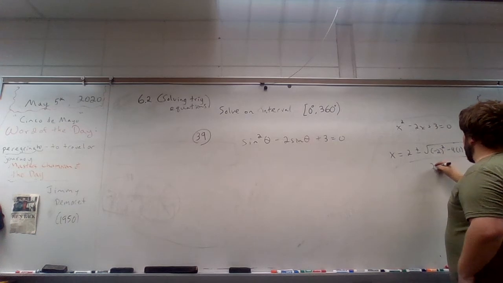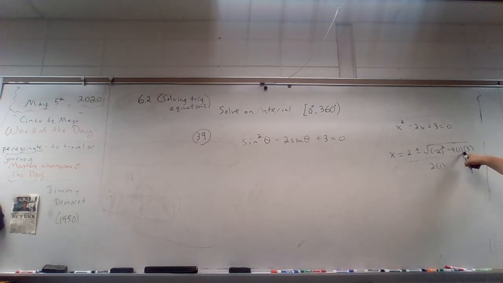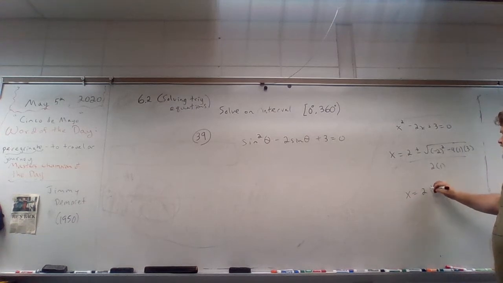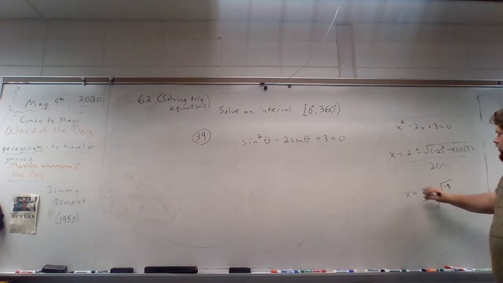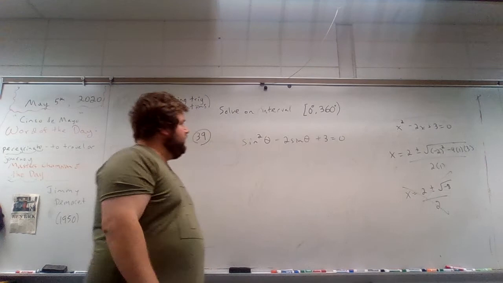Just plug it into that quadratic formula, and I would notice that the discriminant is 4 minus 12, that's negative 8, right? That would be bad, right? That would be complex number solutions, okay?